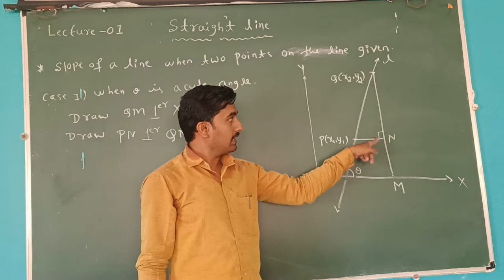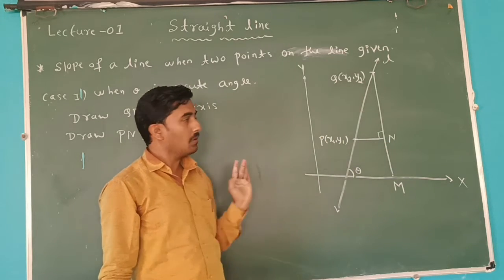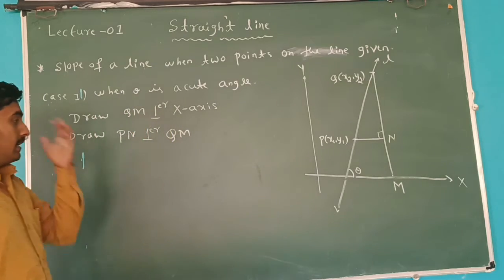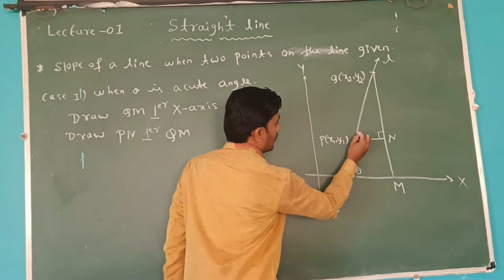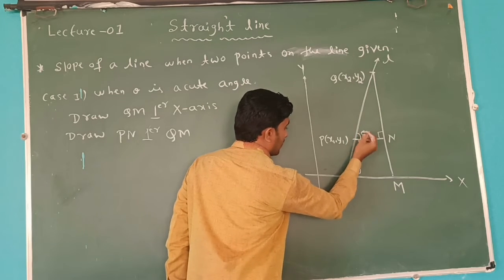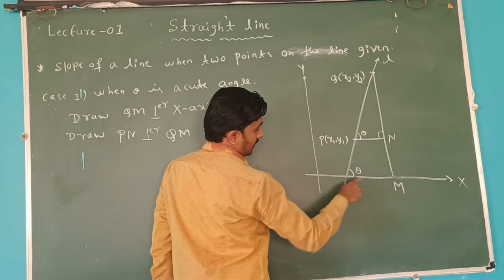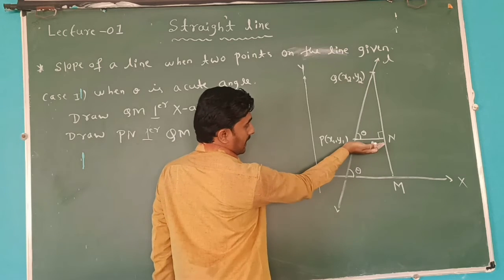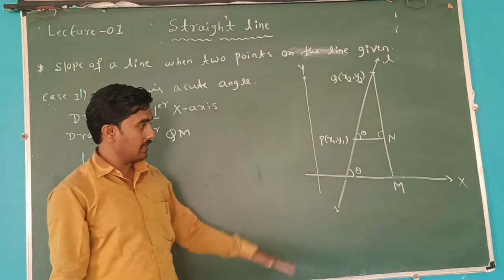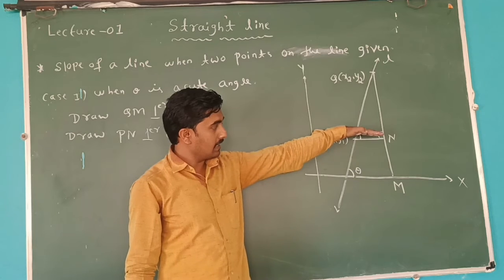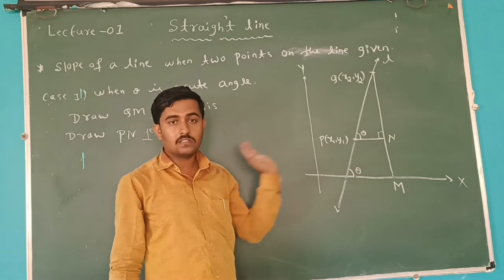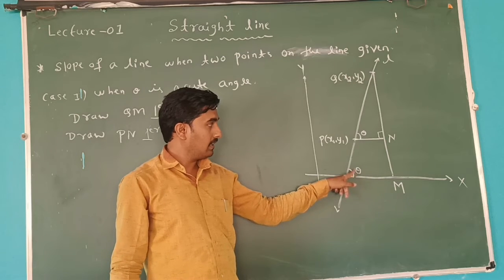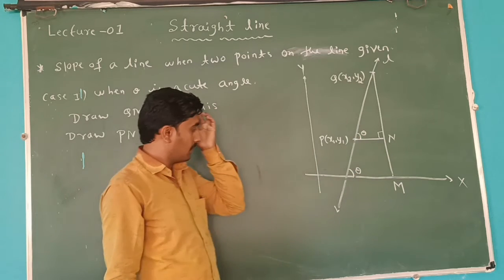Next, if this angle is theta, then this is also theta. Why? Because the x axis and PN are parallel to each other, so alternate angles are the same. This is theta, then this is also theta.